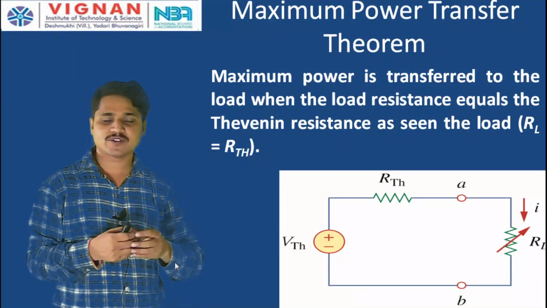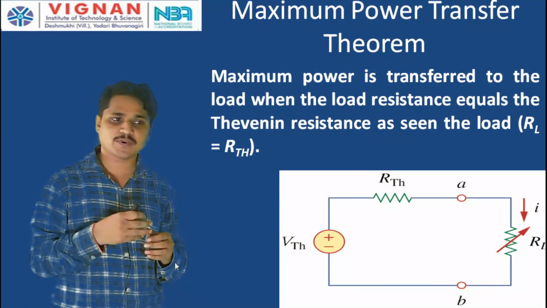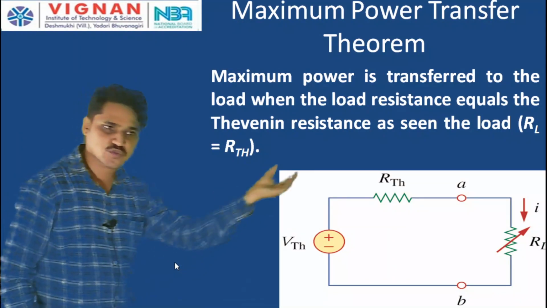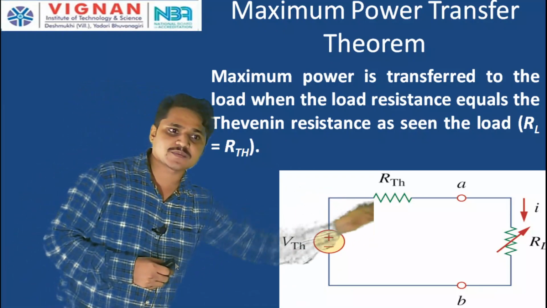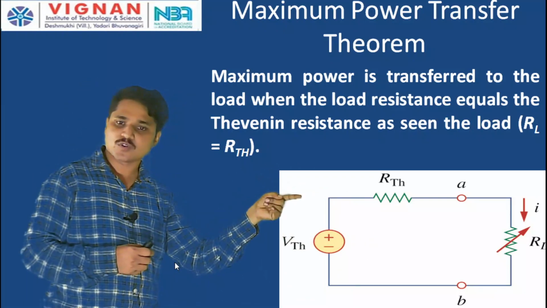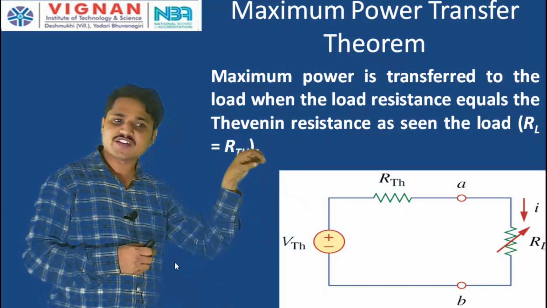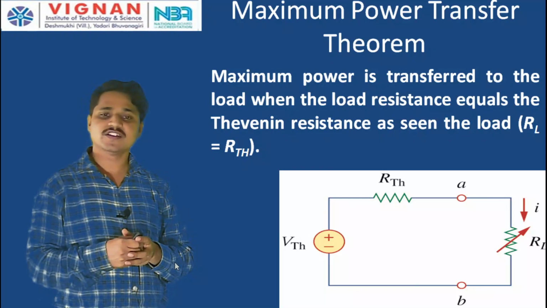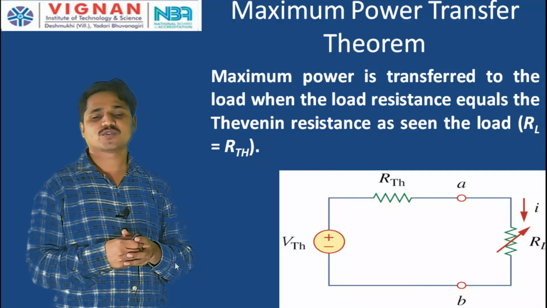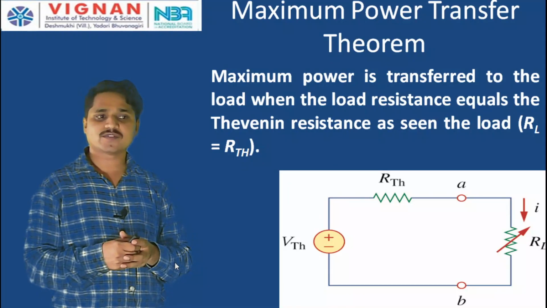That is, the load resistance RL must be equal to the Thevenin's resistance seen from the terminals, the equivalent resistance seen from the terminals. So, this is the statement of the maximum power transfer theorem.